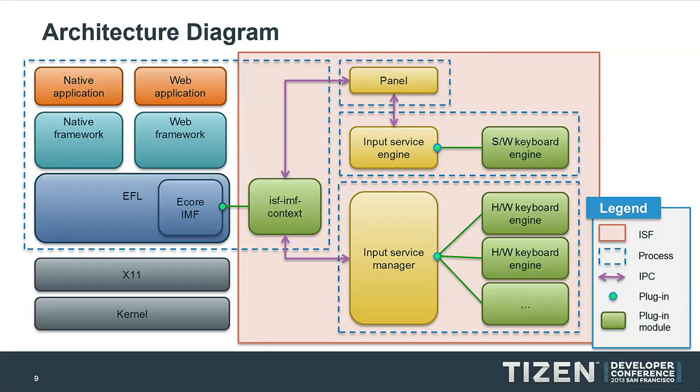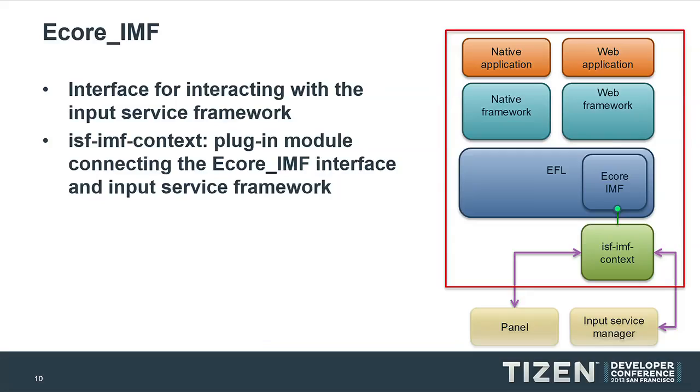Okay, so let's have a look at the modules one by one from a per-process perspective. Let's start with the application process first. As I have mentioned, the application can be either a native application or a web application. They both use EFL's eCore IMF interface to interact with the input service framework.